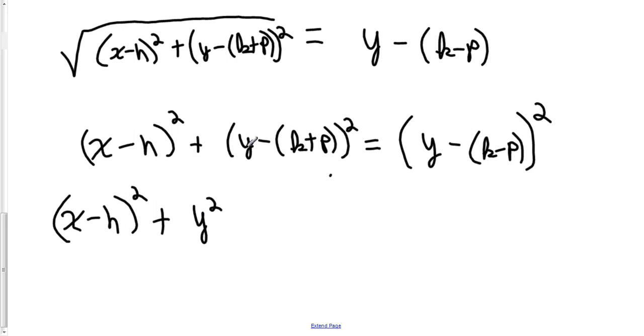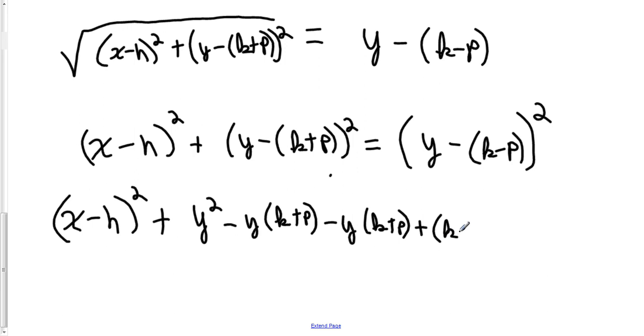I'm going to multiply y times negative k plus p to get negative y times k plus p. I'm going to multiply another negative y times k plus p, to get another negative y times k plus p. And I'm going to multiply k plus p times k plus p to get k plus p squared. So I've FOILed that thing squared.